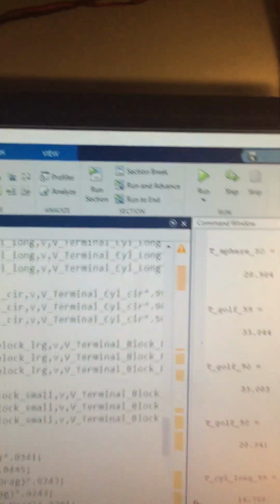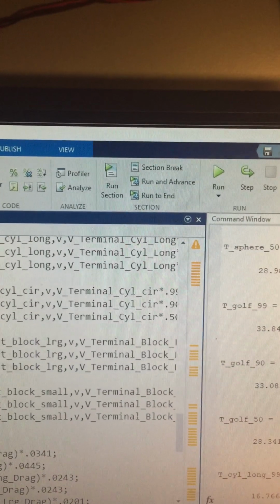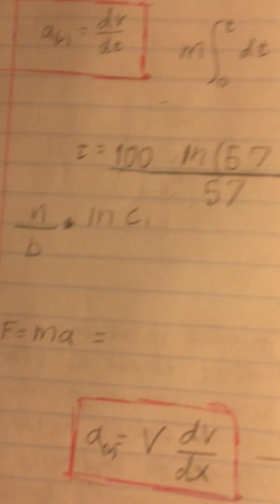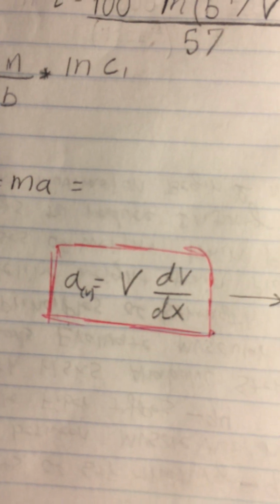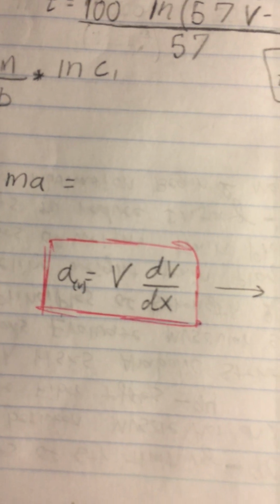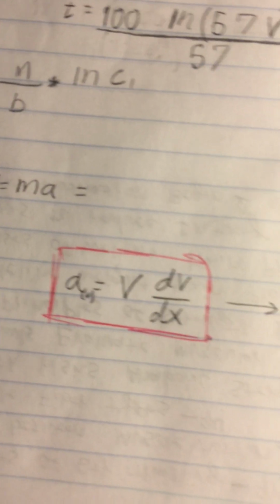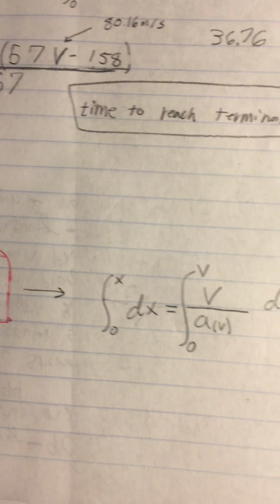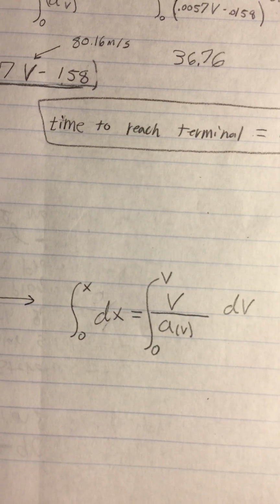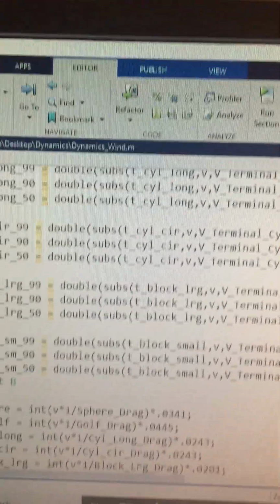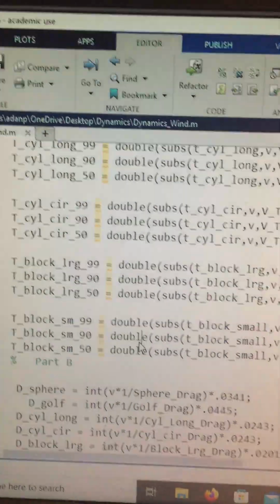Then parts B and D, I guess, are related, and they were similar, except we were using this equation here because we wanted to know the position instead of the time. Similarly, we had to rearrange that equation by solving the differential equation, and I did that on paper again, and then used MATLAB once again to solve that.